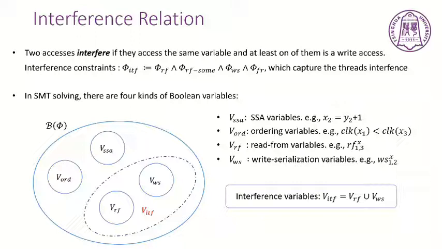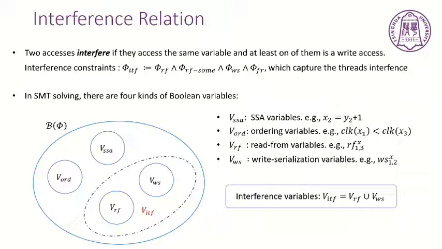In SMT solving, there are four kinds of Boolean variables. That is, the SSA variable, which represents the program statement. We call those variables VSSA. And the order variable, which represents the order between the clock variables. For example, clock x1 lower than clock x3 means x1 happens before x3.